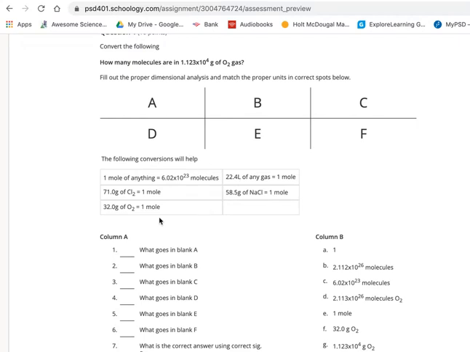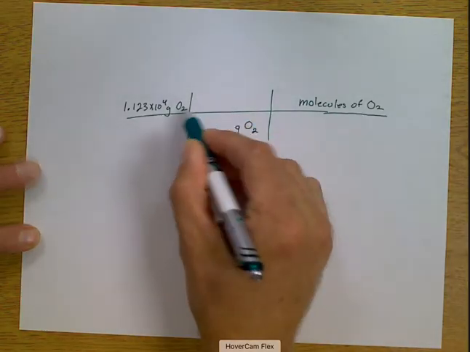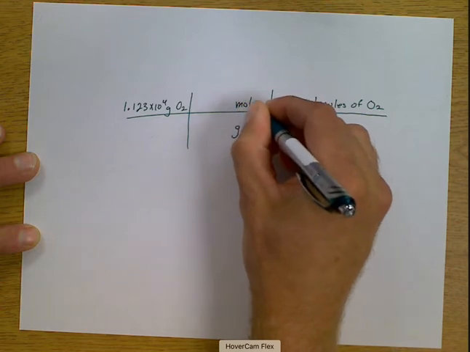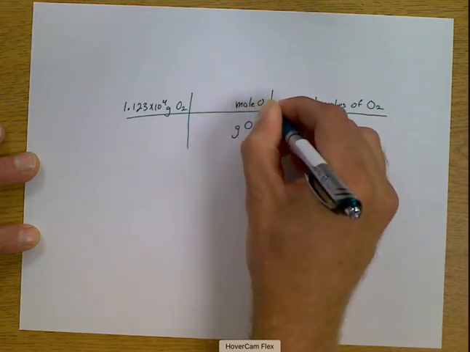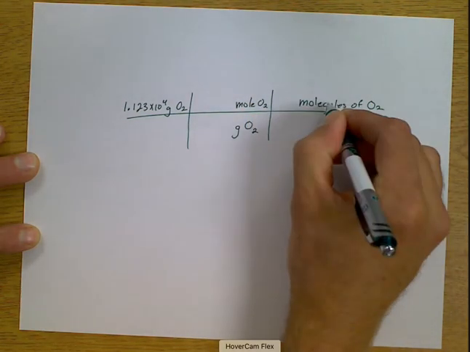So let's take a look. Here we go, right here. I have 32 grams of O2 is 1 mole, and then 1 mole is this many molecules. Those are my conversion units. So I can go from grams of O2 to moles of O2, and then moles can go to molecules.